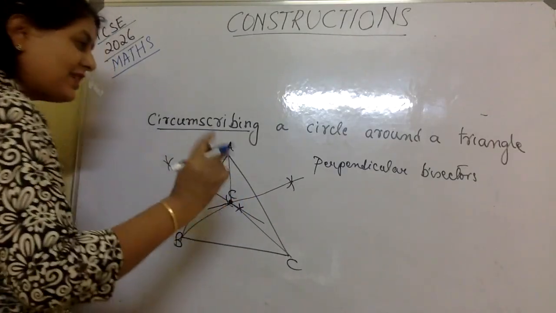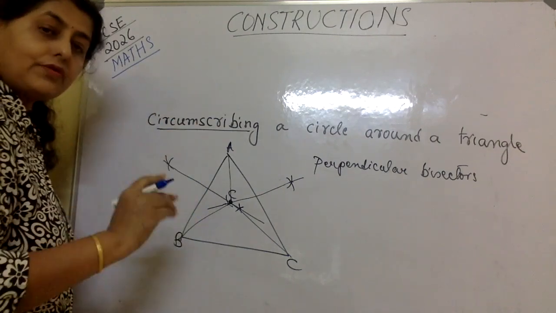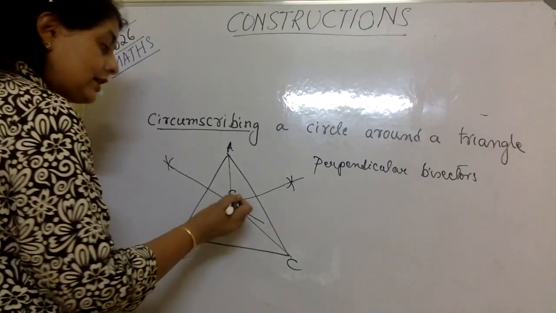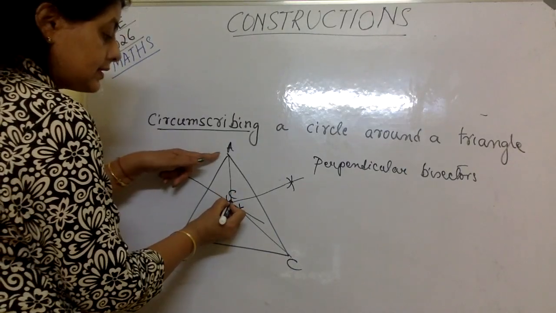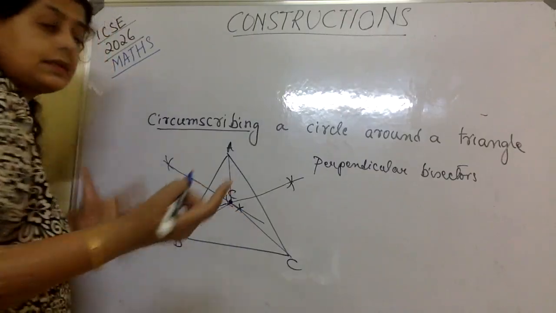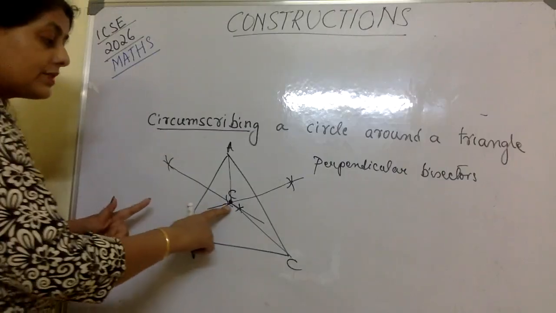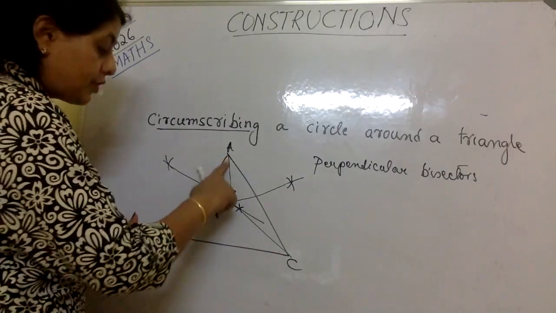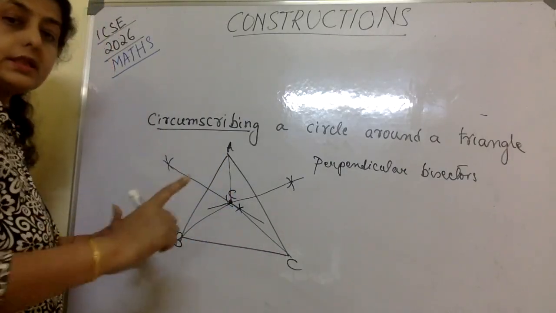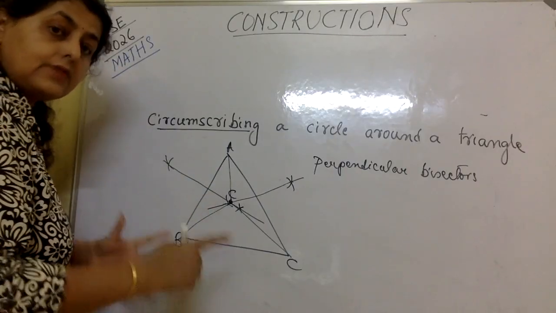Now remember one thing, circumscribing is actually easier than inscribing. You have to do one step less. Now here take this radius, CA. CA is the radius. You can even measure CB as the radius. You can even measure CC as the radius, because the circumcenter is equidistant from A, B, C, from the vertices. Circumcenter equidistant from the vertices, incenter equidistant from the sides.